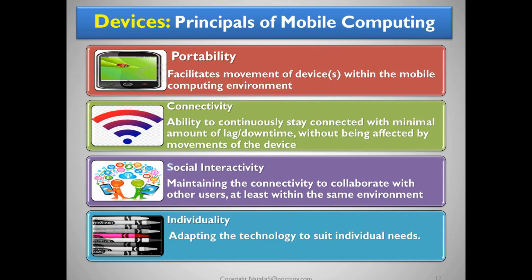In a mobile computing system, the network availability is expected to be maintained at a high level with a minimal amount of lag or downtime, without being affected by the mobility of the connected nodes. Then we're looking for interactivity: the nodes belonging to a mobile computing system are connected with one another to communicate and collaborate through active transactions of data.